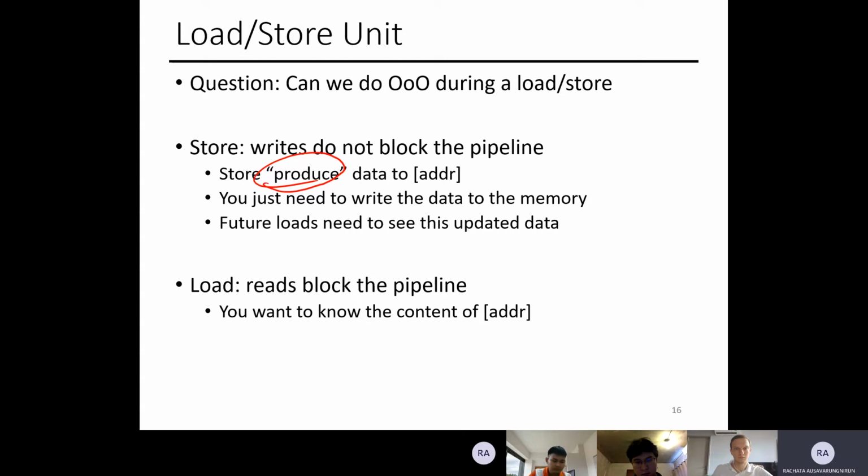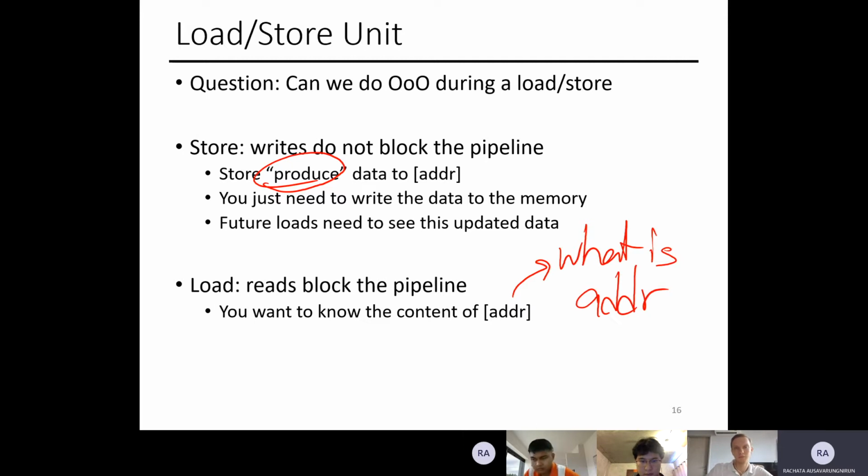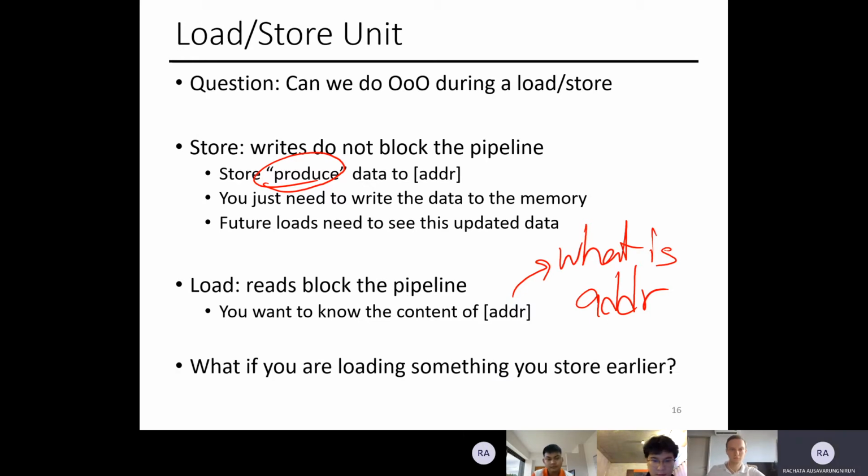As long as you know the address, then you can load the data if that's a store to that same address. You just get the most recent store from that point of the load. That basically answers that question. What if you're loading something you stored earlier? Well, check the store queue.